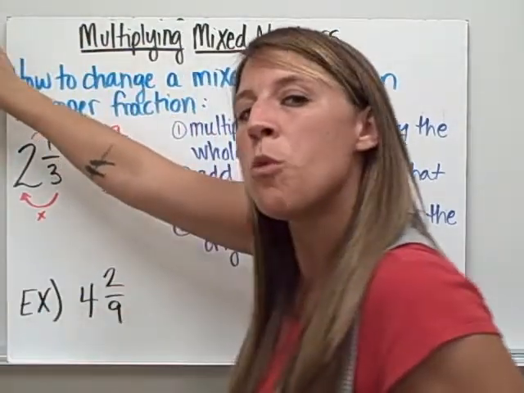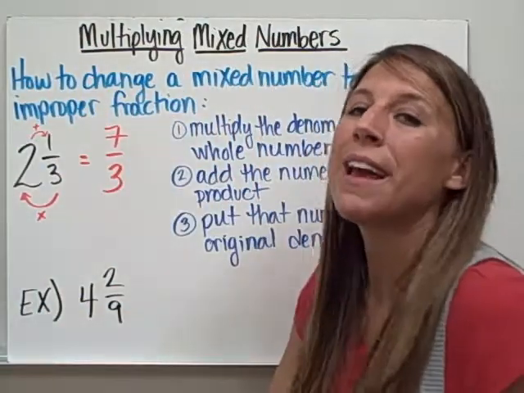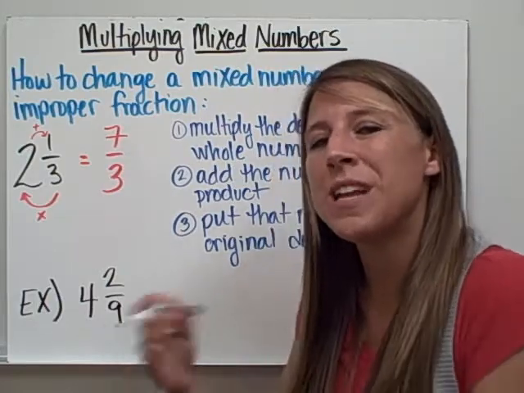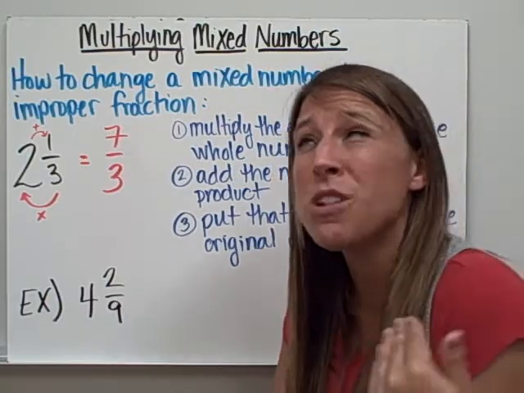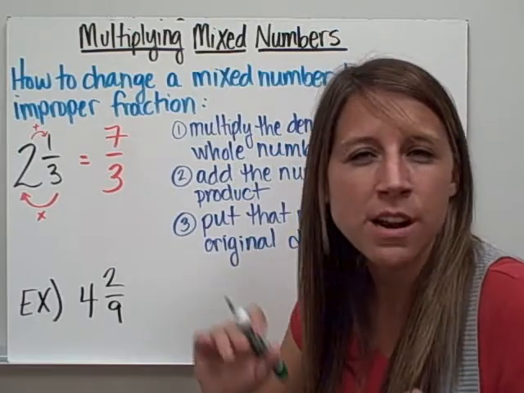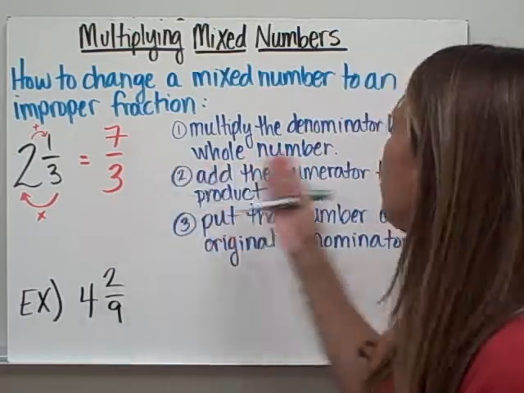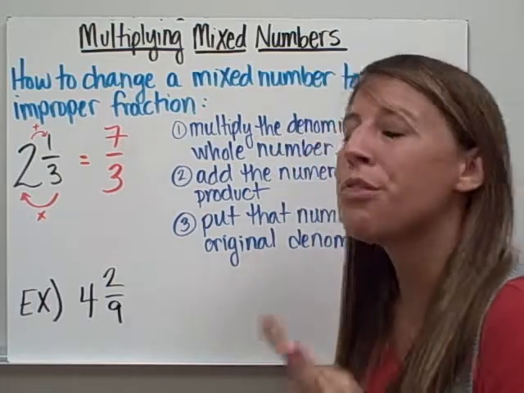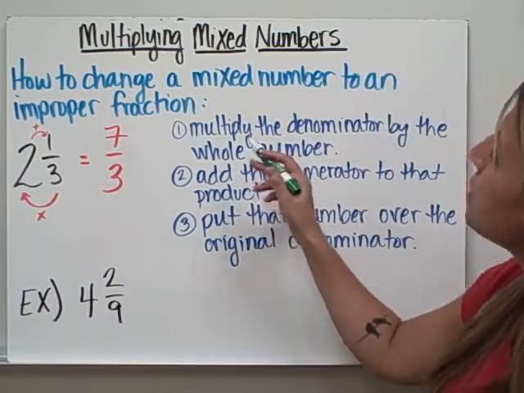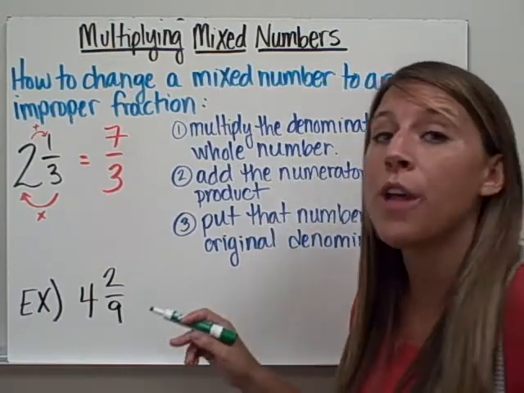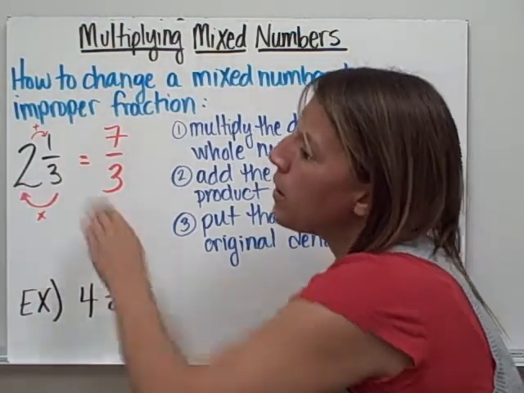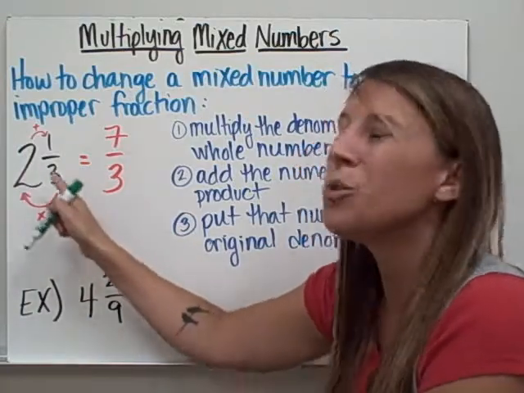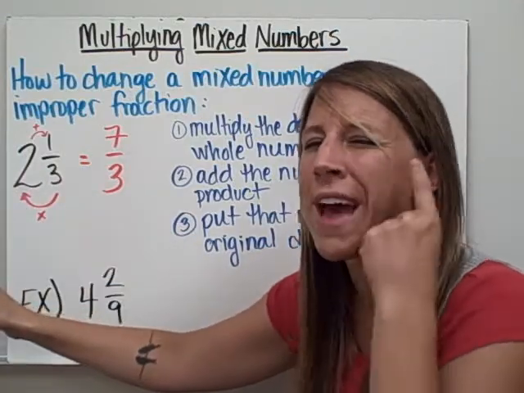It does get a little bit more complicated when we're talking about multiplying mixed numbers. Now to multiply a mixed number, we need to change it into an improper fraction first, because to multiply, we need to have just numerators and denominators. So how do you change a mixed number into an improper fraction? Well, there are 3 simple steps. First, you multiply the denominator by the whole number. So if I'm working with 2 and 1/3, I multiply the denominator by the whole number first. 3 times 2 is 6, and I hold that number.